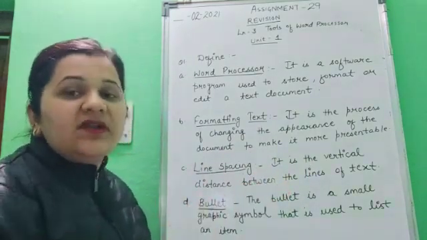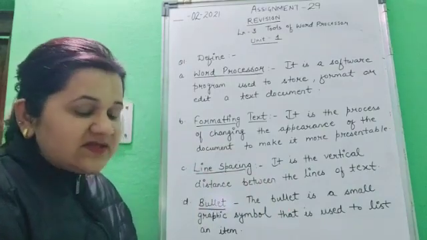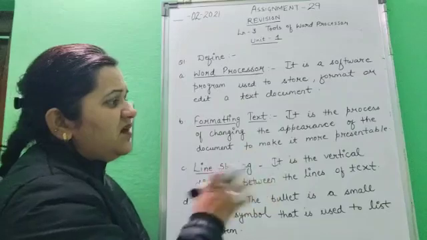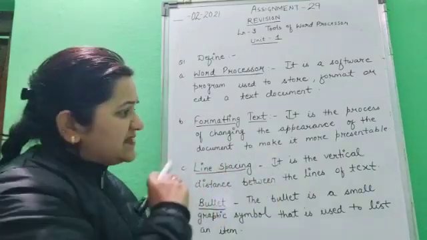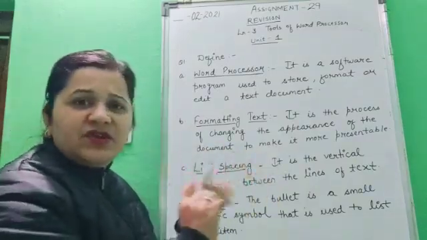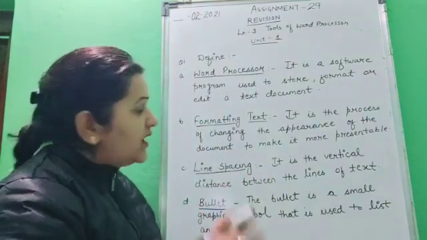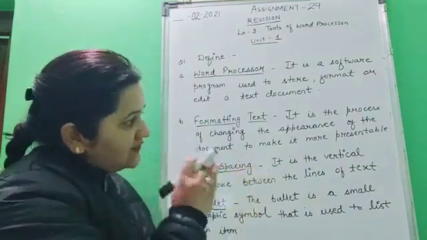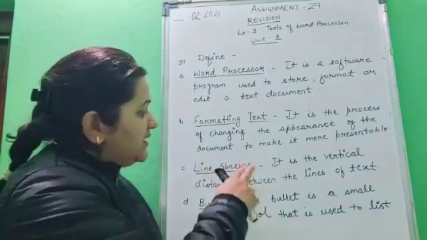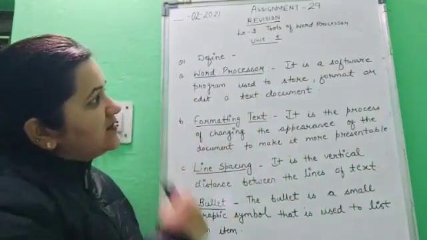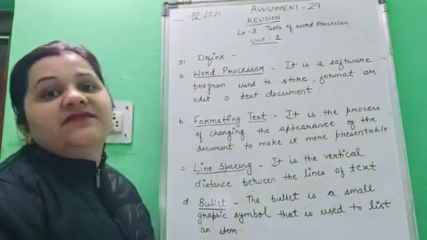It doesn't look good if you have written everything and have not specified any spacing. It would seem messy. So if you want to format your text, you can use line spacing also. You can give proper space between the lines so that the text is clearly visible.